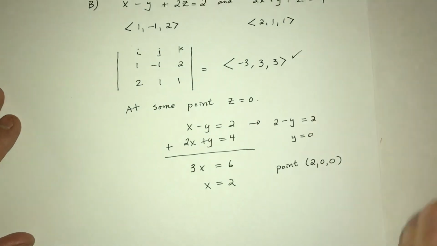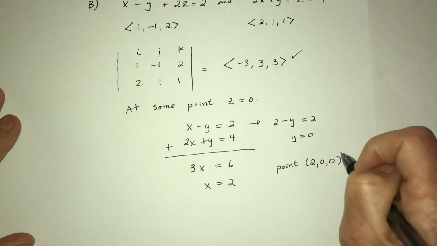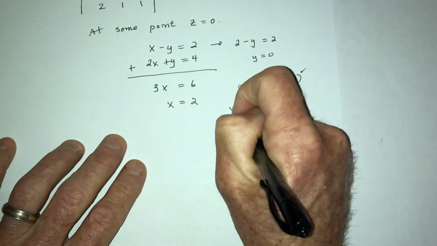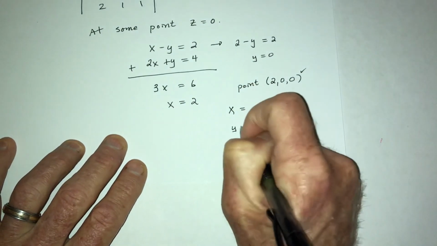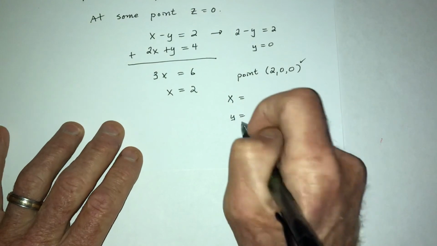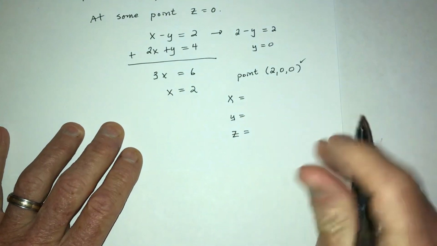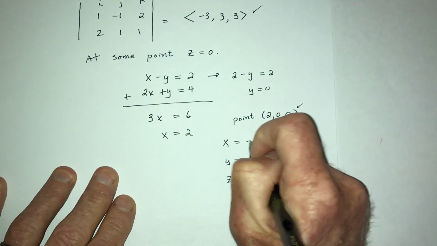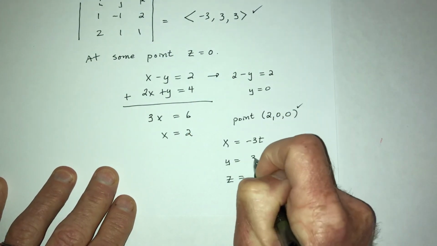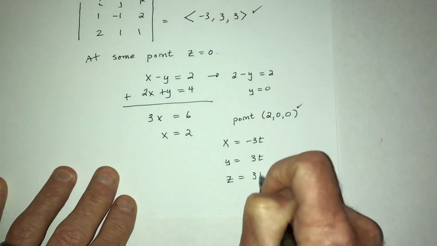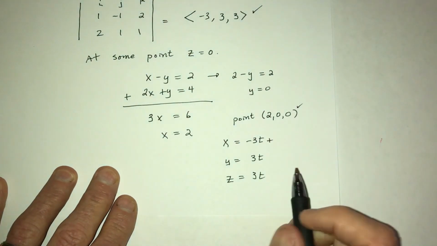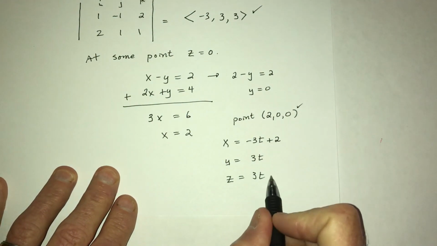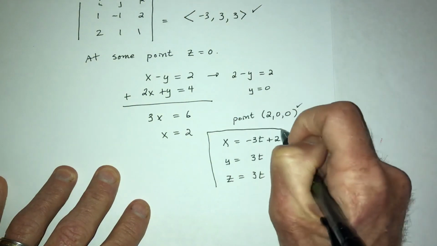So now that I have the direction that the line's going and a point that it's going through, I can create the equation of the line, the parametric equations of the line. So it's going to be x equals, y equals, z equals. And then you take these numbers and put them in front of t. So negative 3t, 3t, 3t. And then plus 2 for the x, 0 for the y, and 0. So that is my second solution.